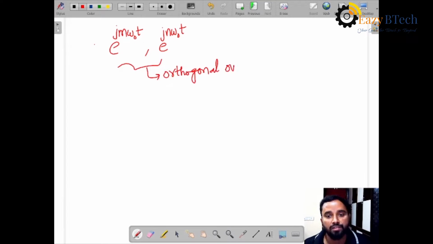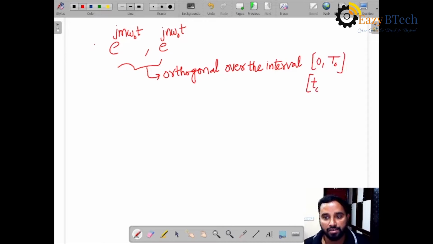Over the interval 0 to T or T naught. Sometimes we can write t naught to t naught plus capital T naught or T, and other times t naught to t naught plus 2 pi by omega naught.